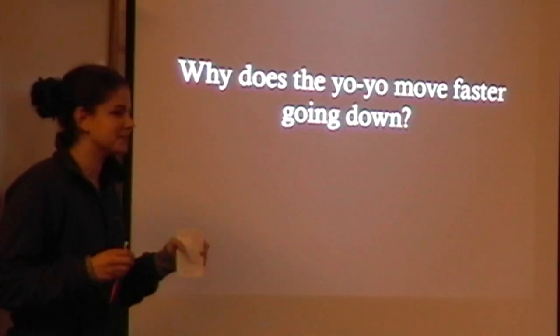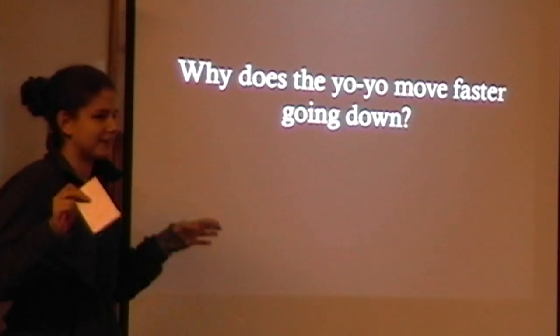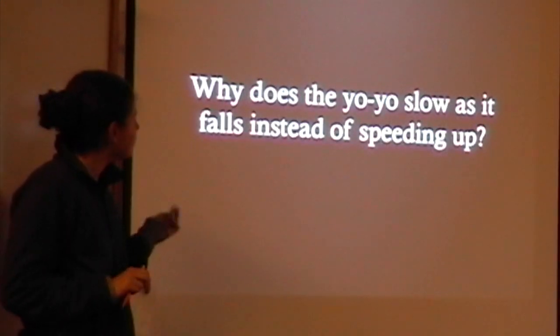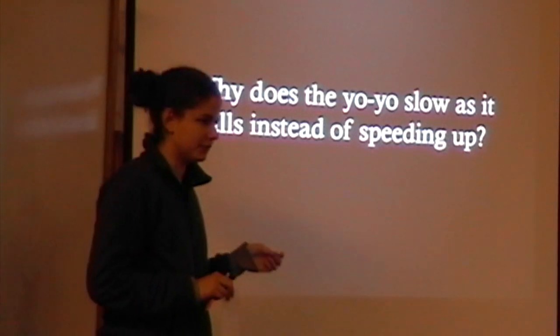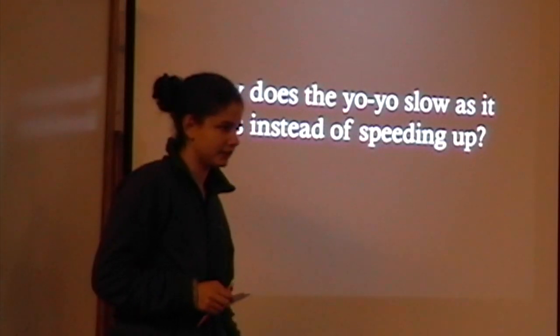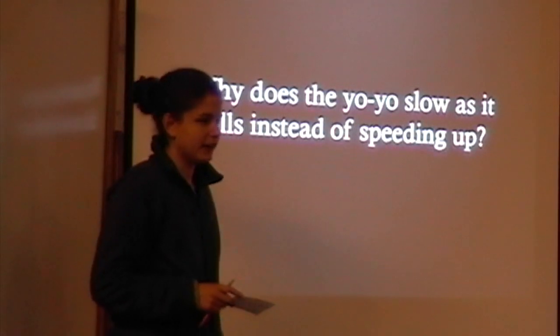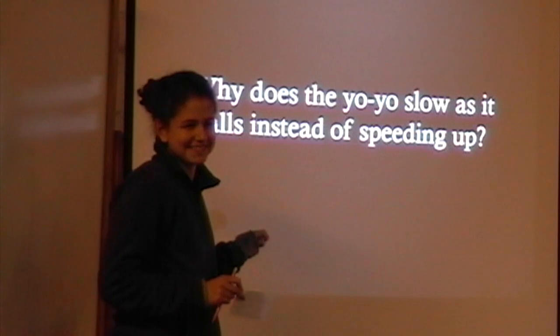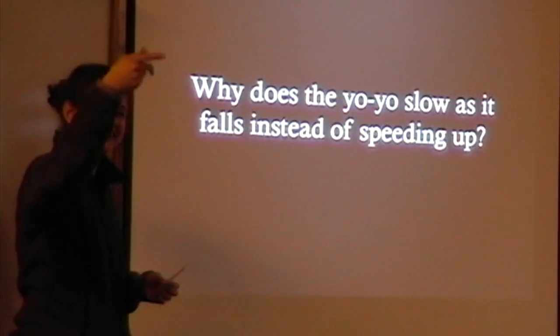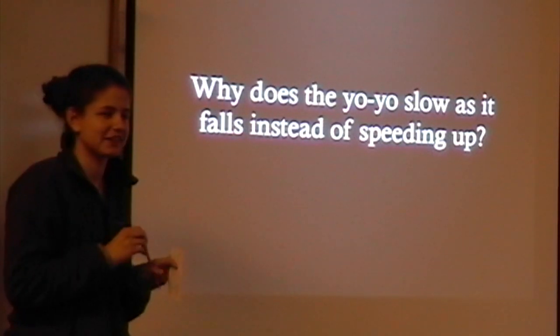The more surprising thing was, next slide, why the yo-yo slows down as it falls instead of speeding up, because most objects, when they're falling, would get faster as they're getting closer to the ground, and this doesn't do that. No, Eliza, you know. Sophie? Oh, were you raising your hand? I think Dylan's raising his hand. Dylan? Friction? Yes, friction.